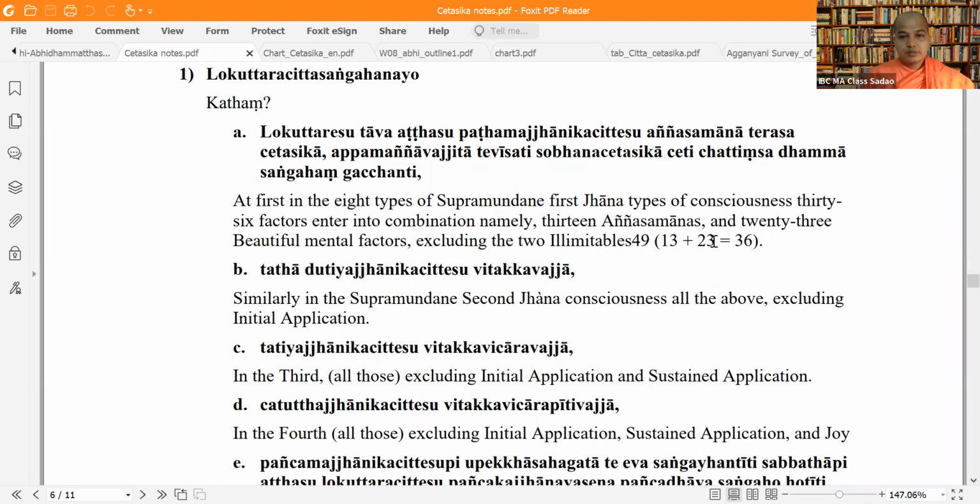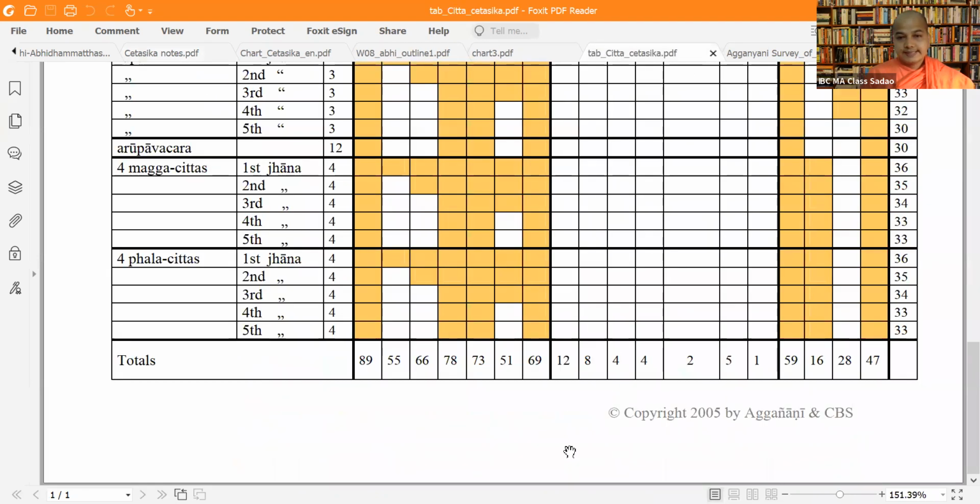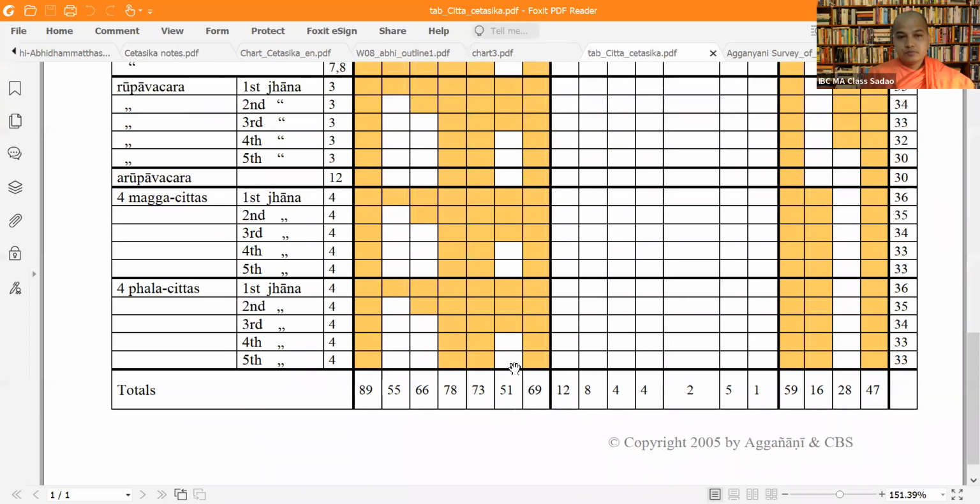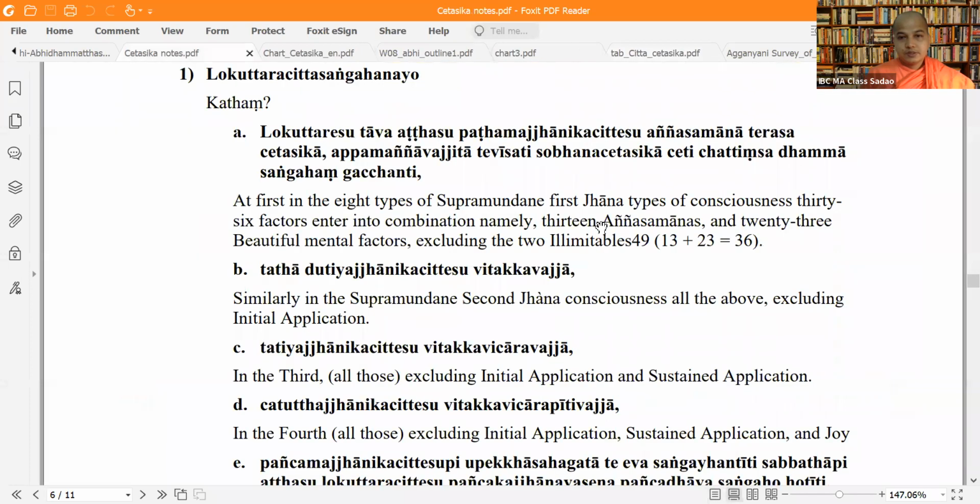So altogether 13 plus 23 equals 36. Now let us look at this here. So here the discussion is on the first jhana chitta, right? Yeah, supramundane first jhana chitta out of 8 types of chitta.